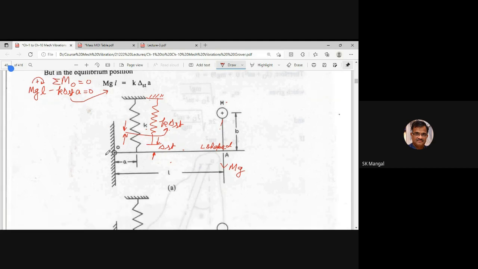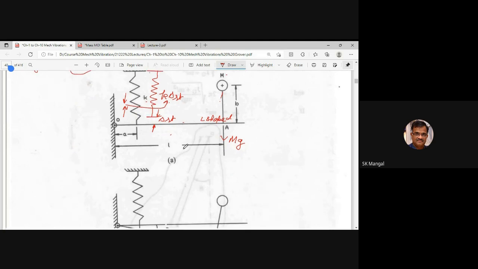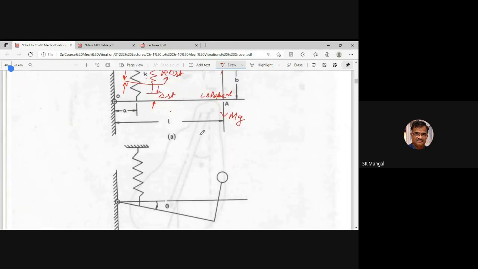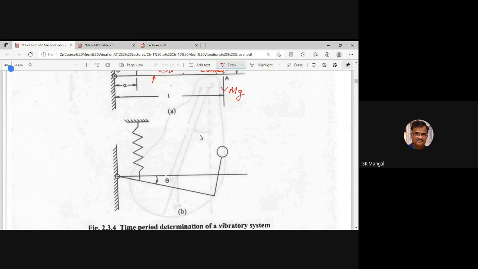Now, as I have mentioned, you have to displace this system by theta. So I am displacing this mass by theta. The displacement here will be a theta for the spring. So you will have a spring force, which was compressive, but as it is now externally tensile, it becomes K times (a theta plus delta ST).